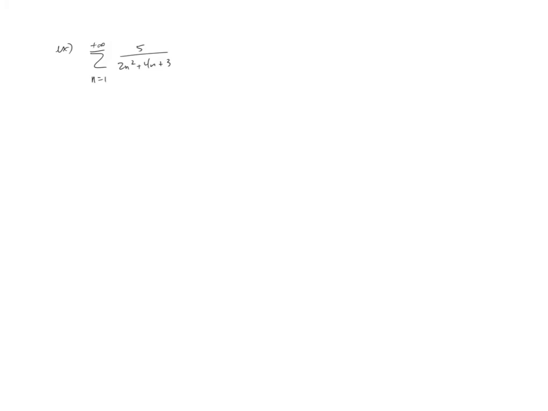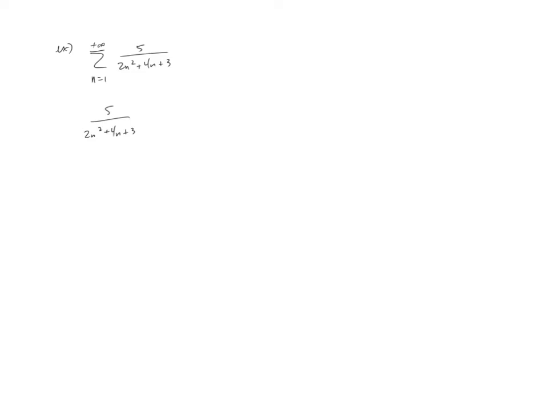Okay, so we'll take a look at this example, and we're going to move forward using the comparison test. Now, we've had many conversations about looking at functions and identifying the parts that are dominant, or the parts that are going to matter when we're talking about approaching infinity. In this particular case, we're going to compare the original function, 5 over 2n squared plus 4n plus 3, to something that's related to it, but something that we know is going to converge or diverge.